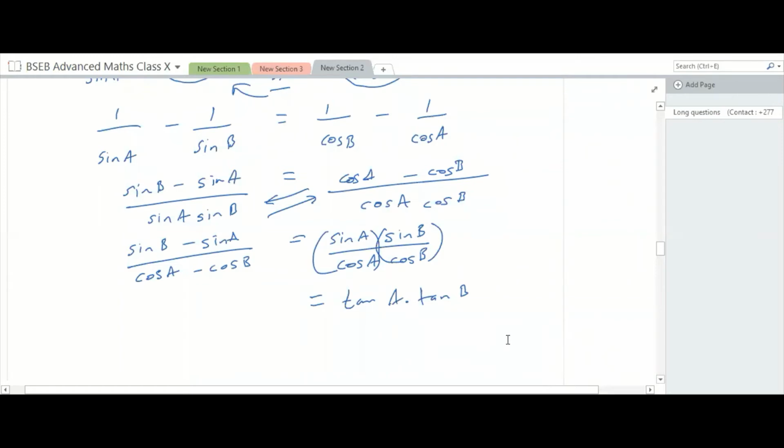So what we know from the formula is sine B minus sine A is 2 times the half angle formula, guys. So sine B minus sine A is 2 times cos of (A plus B) over 2 times sine of (B minus A) over 2, all over minus 2.